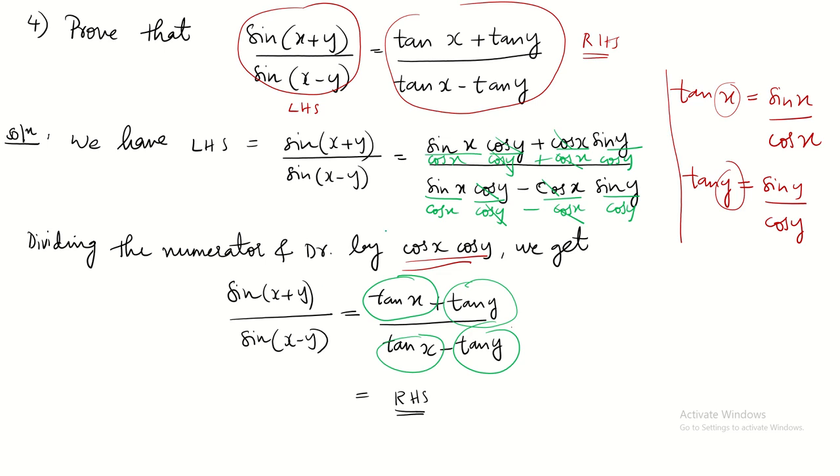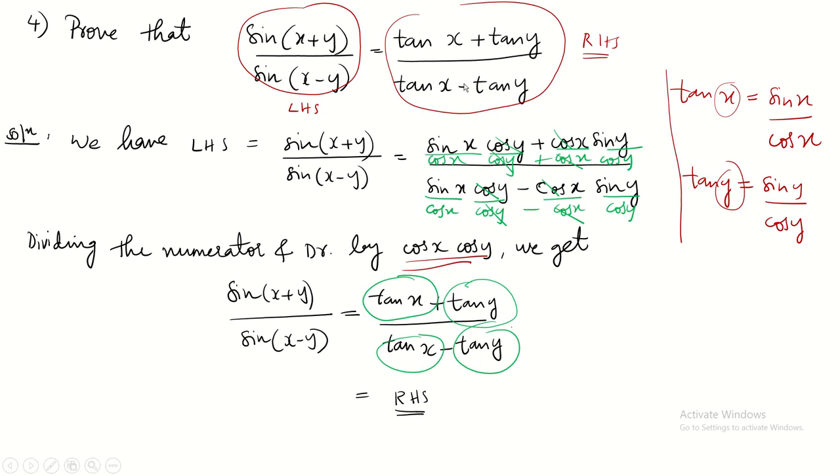So after dividing, what is the answer? You got tan x plus tan y divided by tan x minus tan y. You are not dividing this term, you are dividing the expanded form of this term. After dividing, you will get the answer as tan x plus tan y divided by tan x minus tan y.